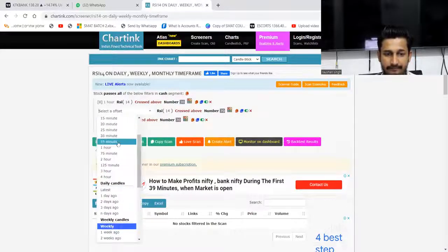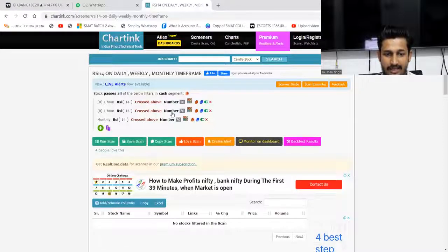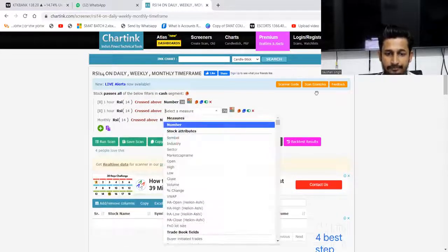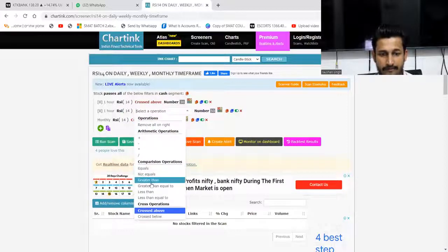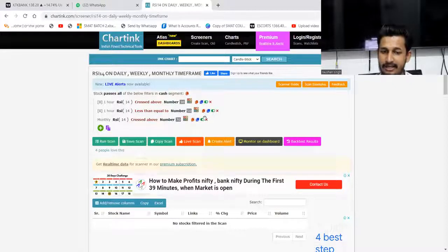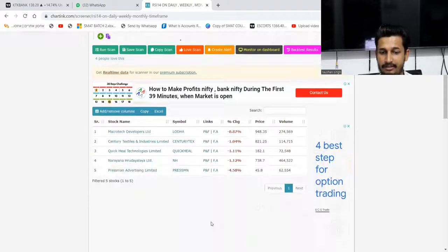Then 1 hour RSI is less than or equal to 50, and I can disable this other one. So this indicator will give me those stocks whose RSI is in between 30 to 50. I'll run this scan and I'm getting this list of stocks.